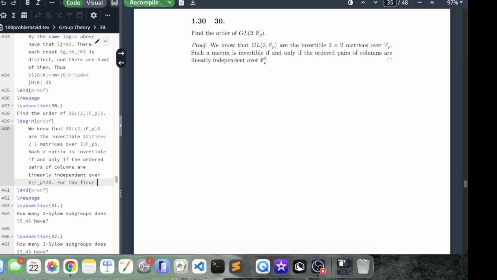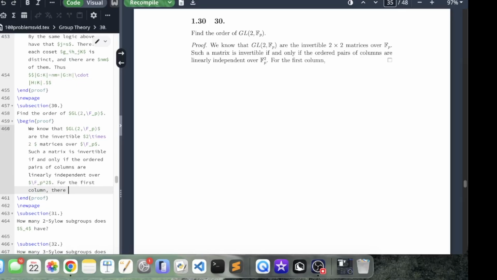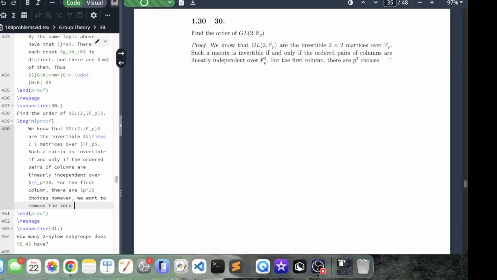For the first column, there are p squared choices. However, we want to remove the 0 vector.